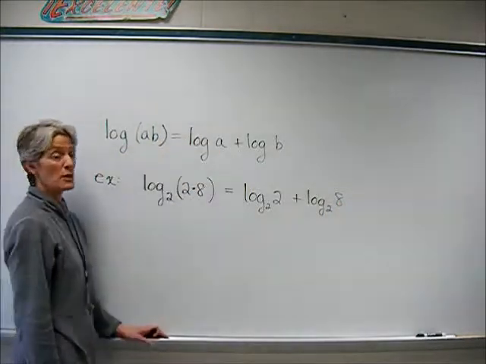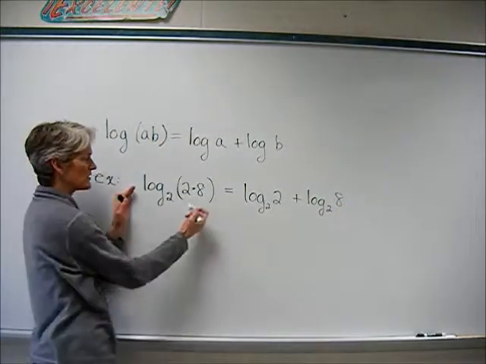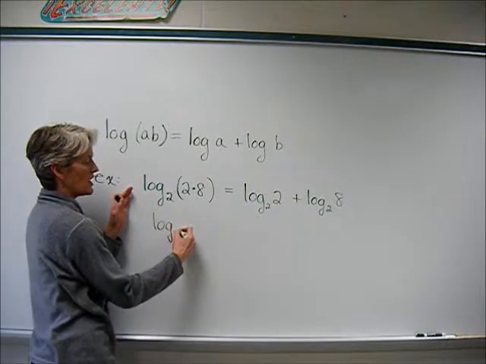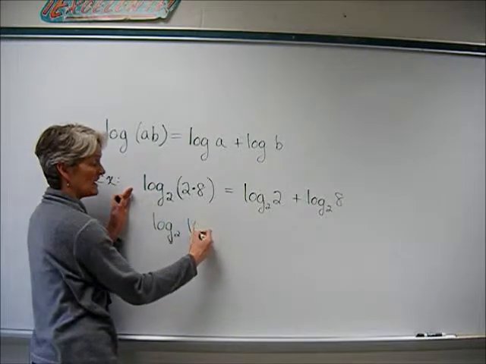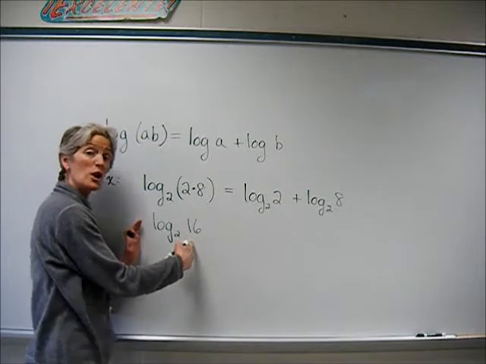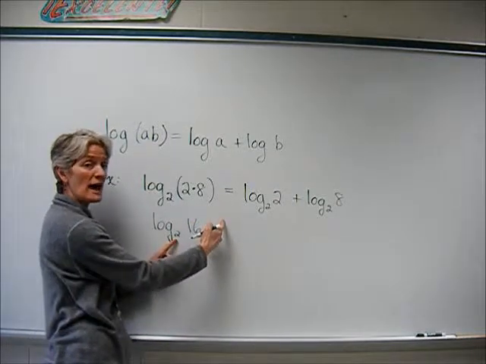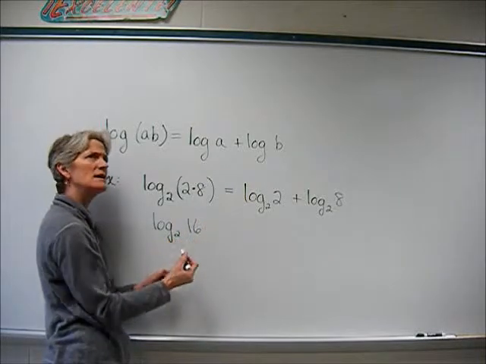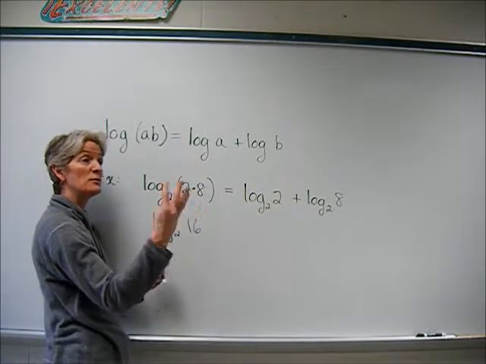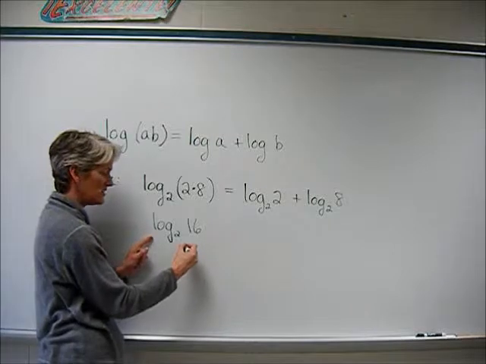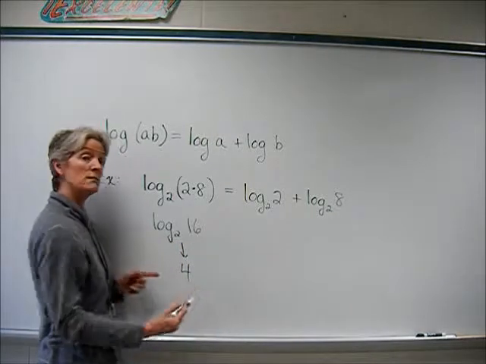Just following this log property. Well, let's see if that really works. This is the log base 2 of 16. Now, remember, logs are just exponents, so this is saying 2 raised to what exponent is 16? Let's see, 2 times 2 times 2 times 2 is 16, so this is equal to 4.